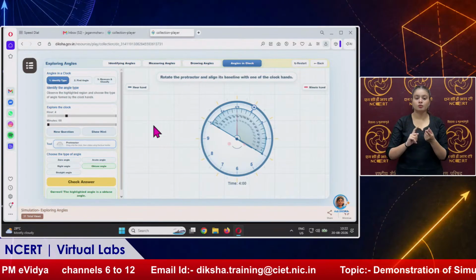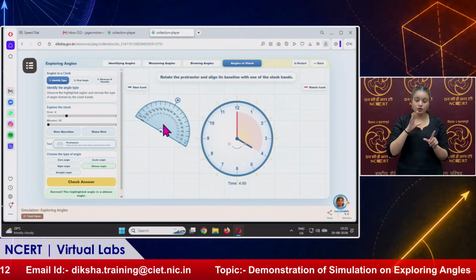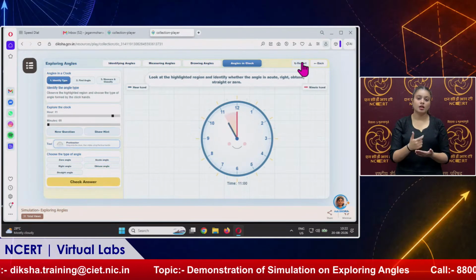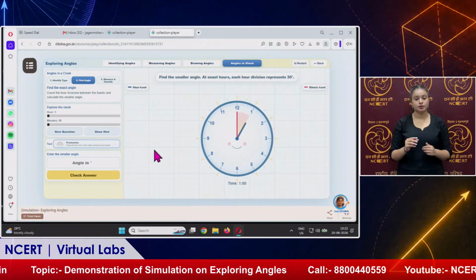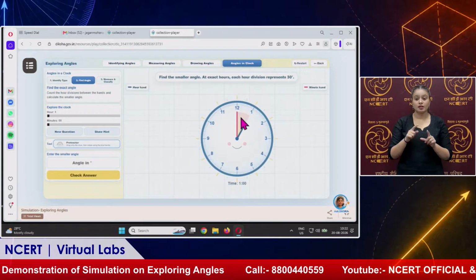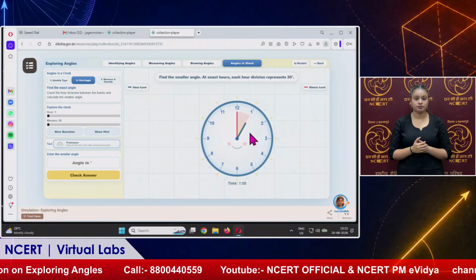So this is the way we can also try to identify real-time experiences with the help of the clock or something else. And here we will see one more thing, find the angle. Here we have to find the angle at the time of 1 o'clock.